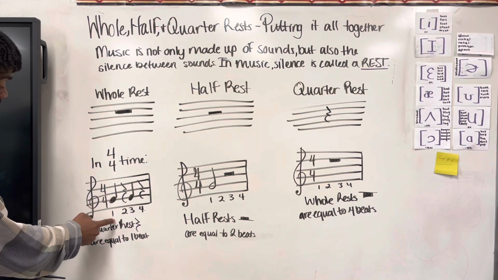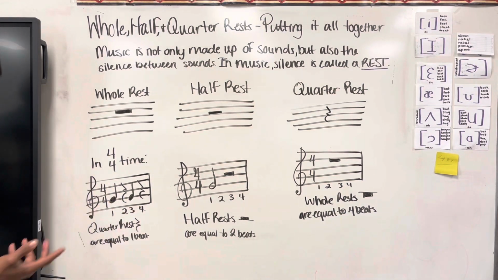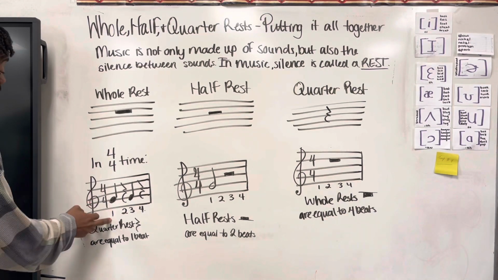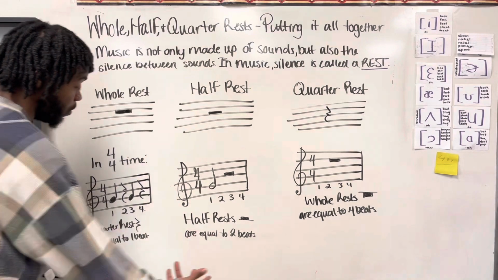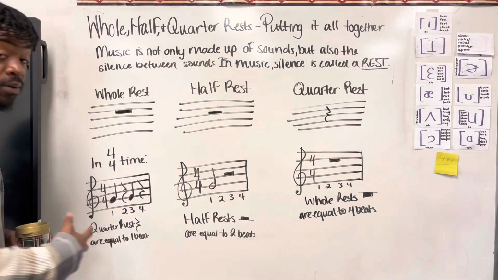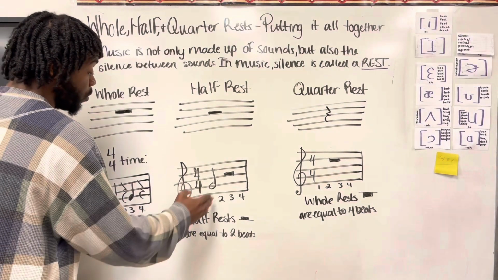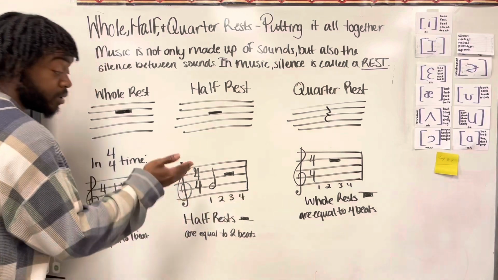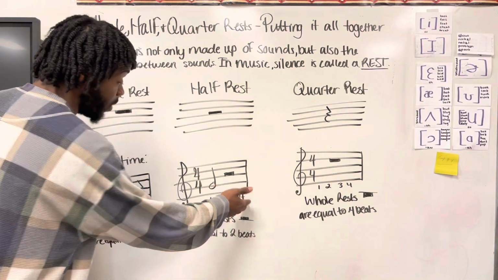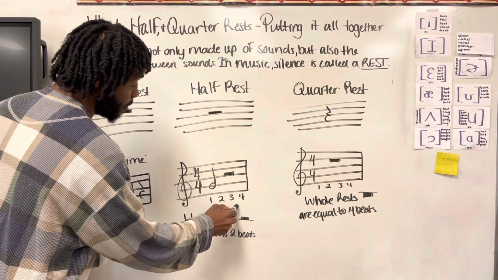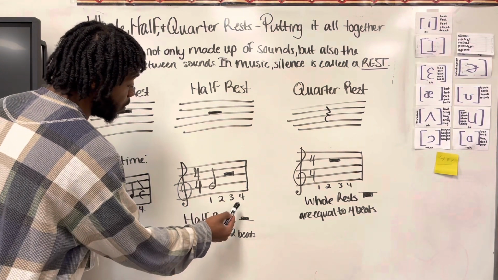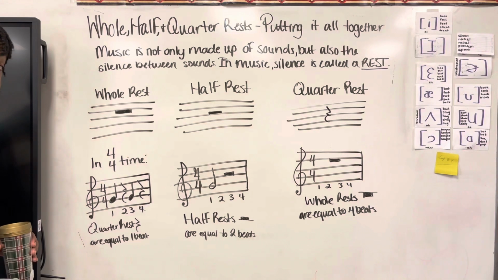So you can say ta, rest, until you know to say ta, ta, okay? Same thing with the half rest, okay? You could go ta, ta, rest, rest, until you get to the point where you can go ta, ta. See what I mean?